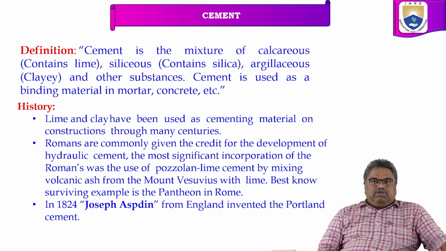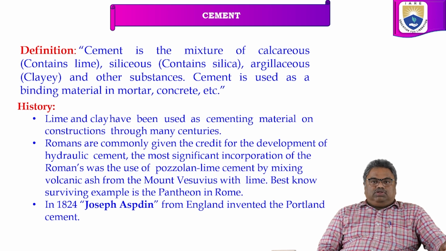The most significant contribution of the Romans was the use of pozzolana lime cement by mixing volcanic ash from Mount Vesuvius with lime. So they used volcanic ash and lime to produce the cement. The best surviving example of this is the Pantheon in Rome.